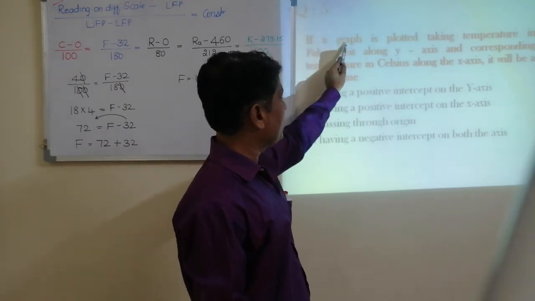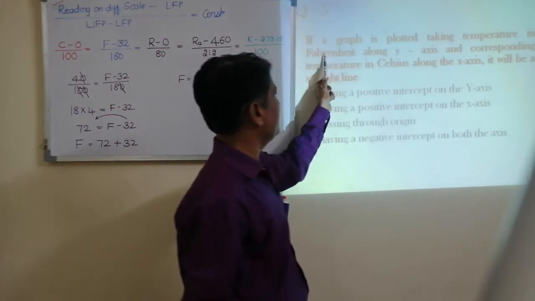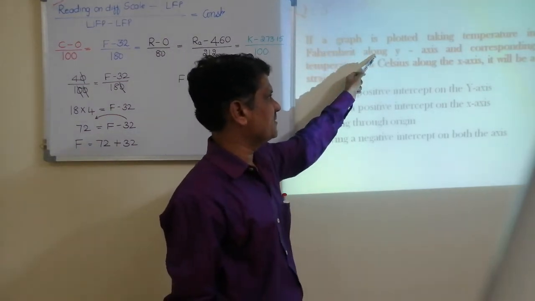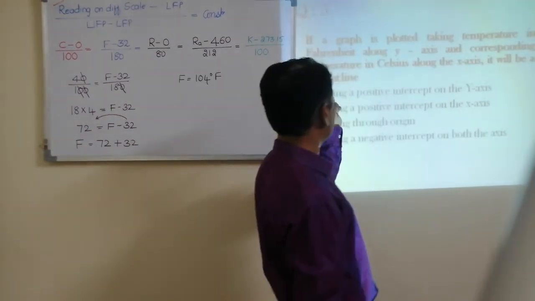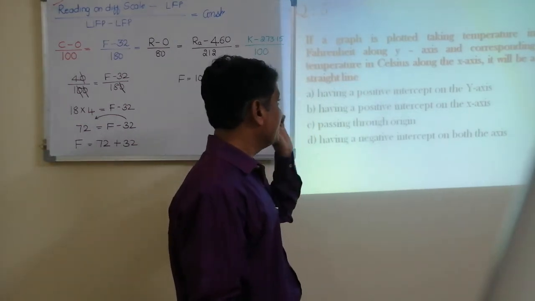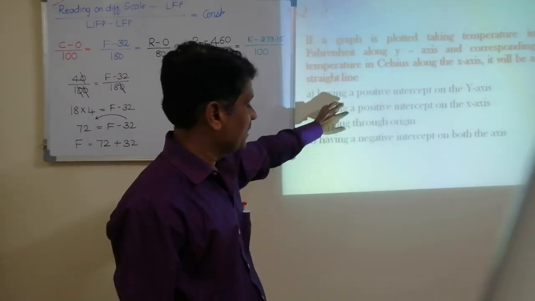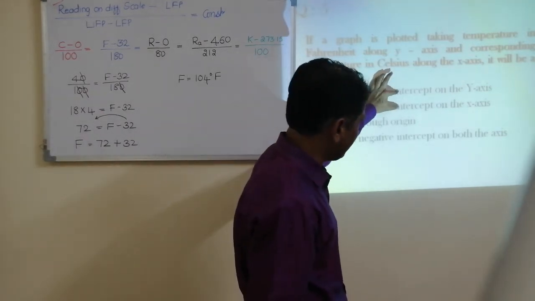Next, if a graph is plotted taking temperature in Fahrenheit along the y-axis and corresponding temperature in Celsius along the x-axis, it will be a straight line. Then which one of the following? They are asking about intercept.